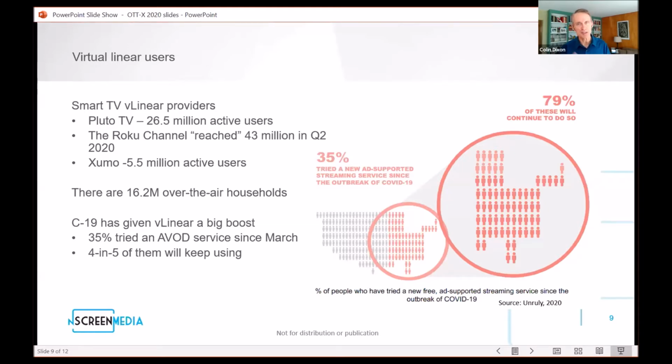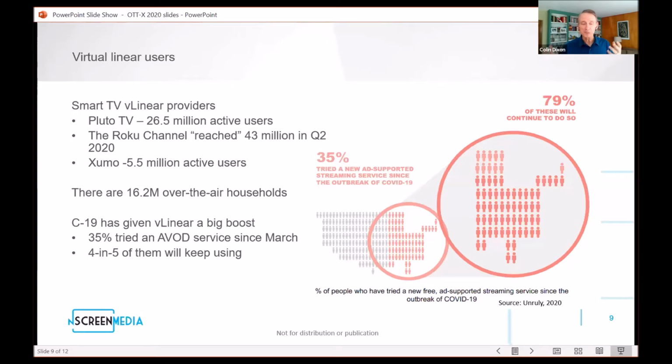MAUs is what people typically talk about in this market. And they say they have 26.5, and that's 26.5 million devices. Tom Ryan told me that they do not use co-viewing multiples. This is a way of compensating for multiple people watching at once. They don't do that. They just tell you the number of active devices that are watching their TV service.